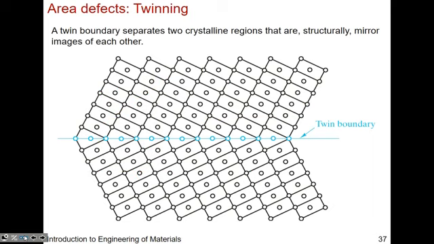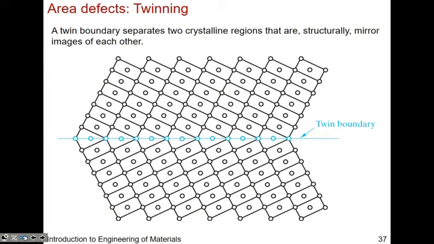Right. We won't go into twinning too much, but it is a really big area of research in terms of understanding how atoms between grains line up with each other. In the examples I've shown you before, the atoms can be oriented in whichever way.